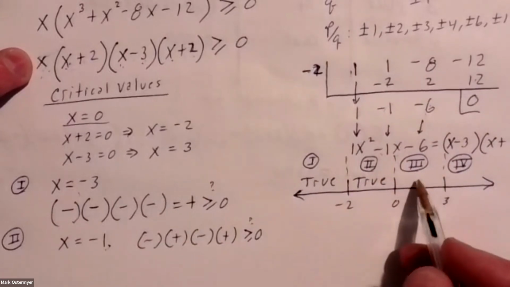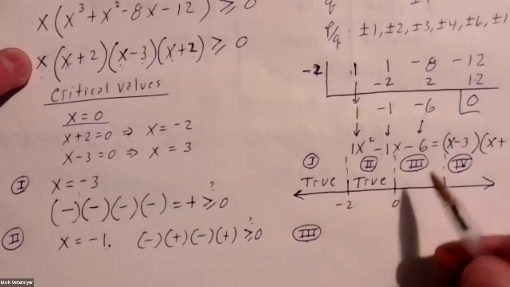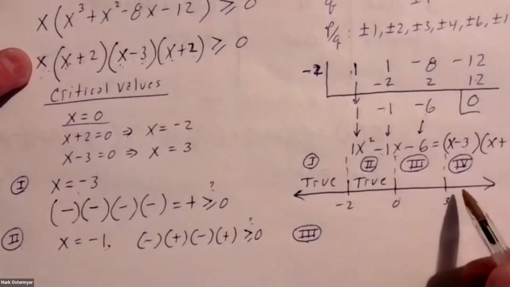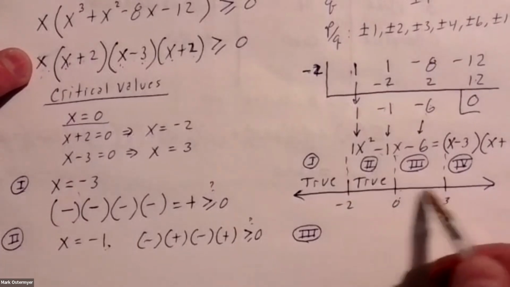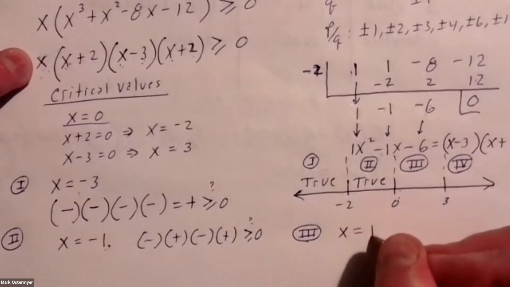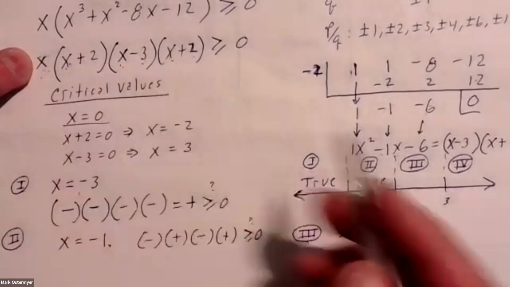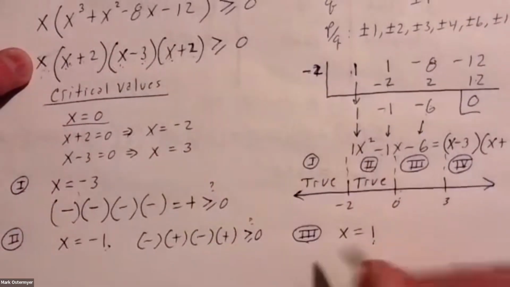Now we need to test out interval number 3. Give me some nice value that lies between 0 and 3. We could try positive 1. Let x be 1. Substitute it in here, here, here, and here, and see if it is a solution to the inequality.